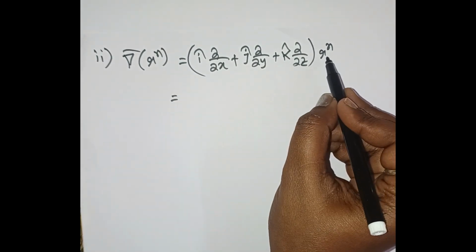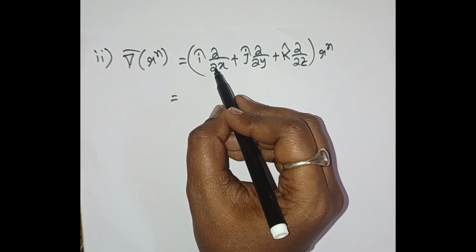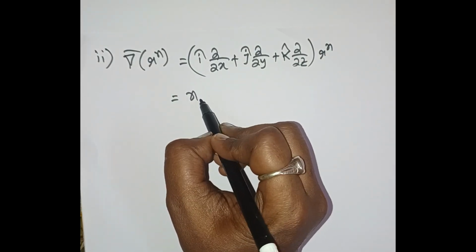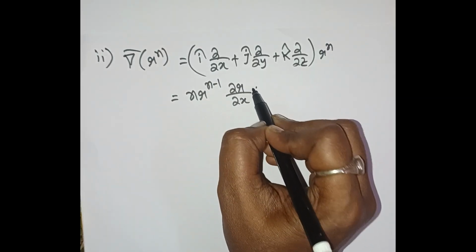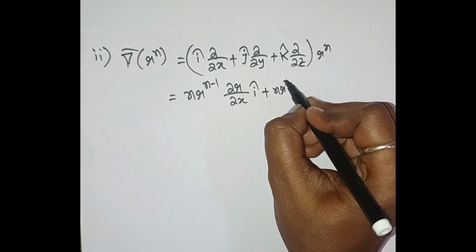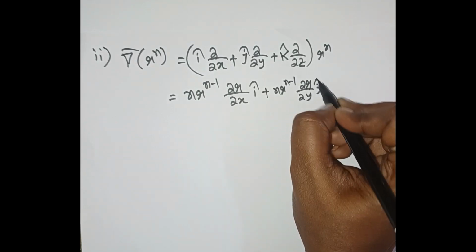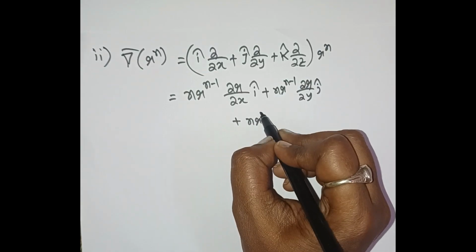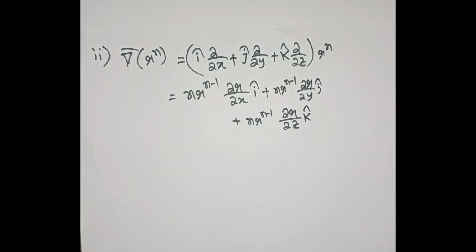If you do partial derivative or use chain rule, we can write n r power n minus 1 del r del x i, similarly like the previous one, n r power n minus 1 del r del y j cap plus n r power n minus 1 del r del z k cap.